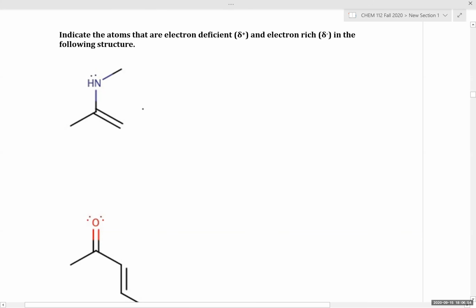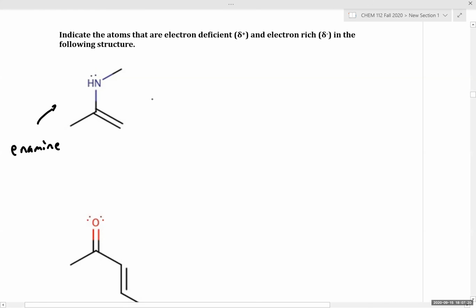Now, this structure is known as an enamine, and you'll see this motif a ton in organic chemistry too. It's a relative of the enolate, in fact. This probably also gives you a hint into how this structure behaves, and we'll see why this structure is a relative of the enolate.